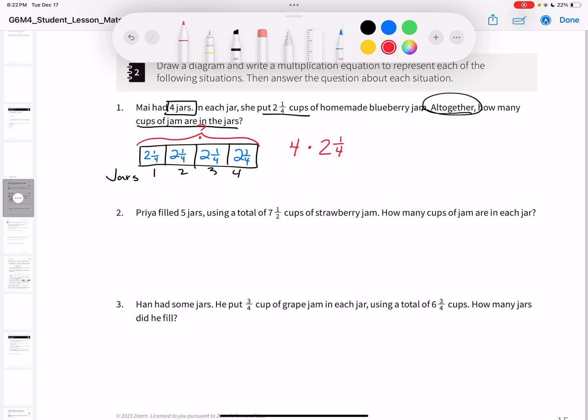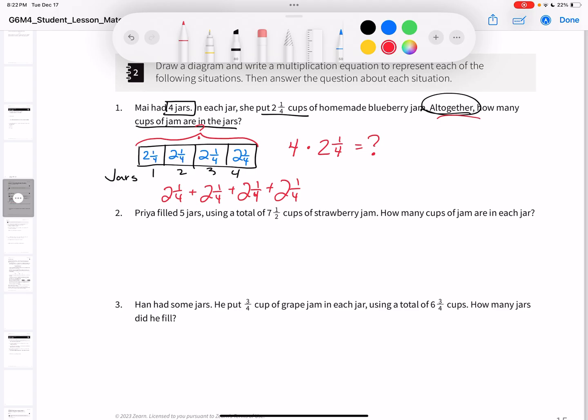And so if I multiply that together, because multiplication is just a faster way to do repeated addition. So I could do 2 1/4 plus 2 1/4 plus 2 1/4 plus 2 1/4 and get what it is all together. But I'm going to do multiplication because it's quicker. Okay, and that will get us how many are all together.